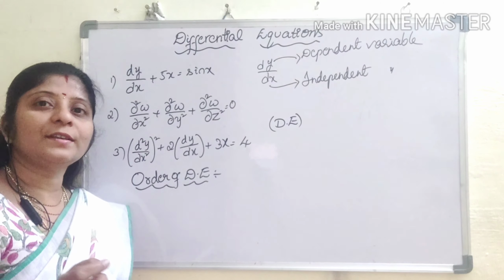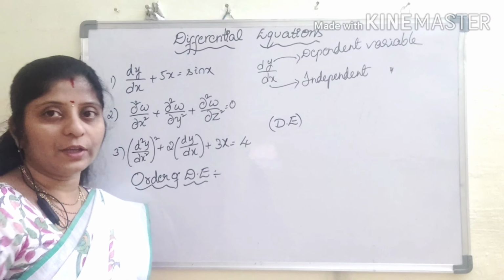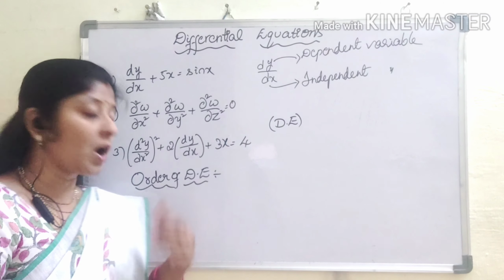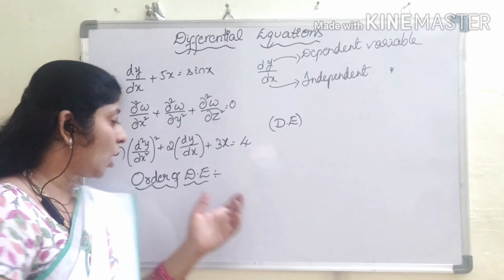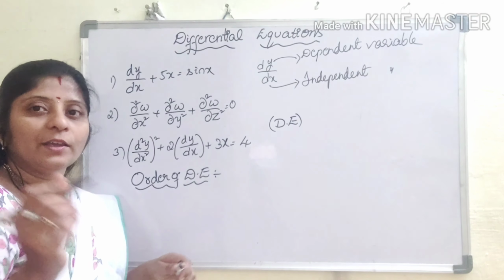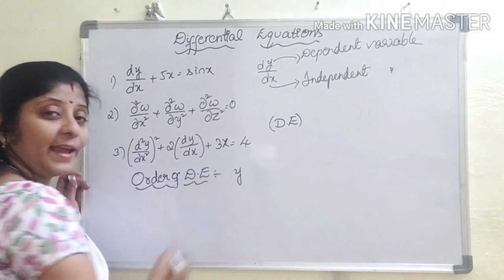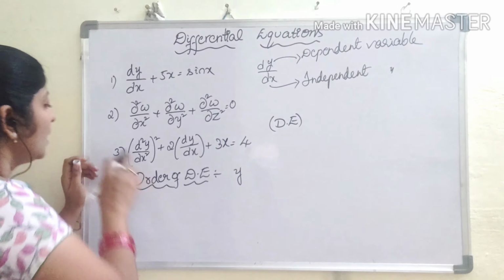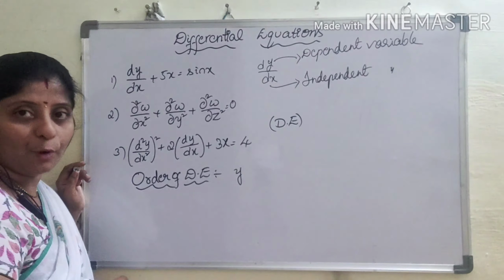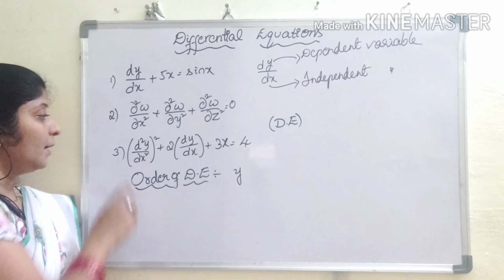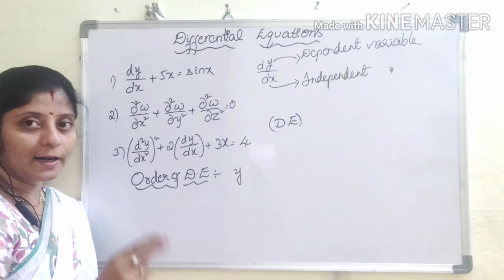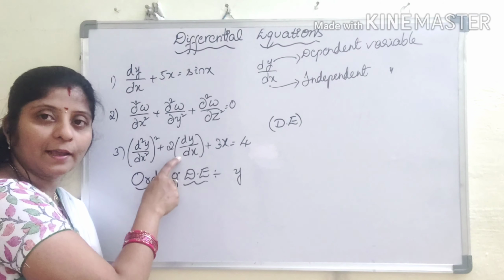The highest derivative of the dependent variable is called the order of the differential equation. If we consider y as the dependent variable, and observe the third equation, here we have the second order derivative and also the first order derivative.